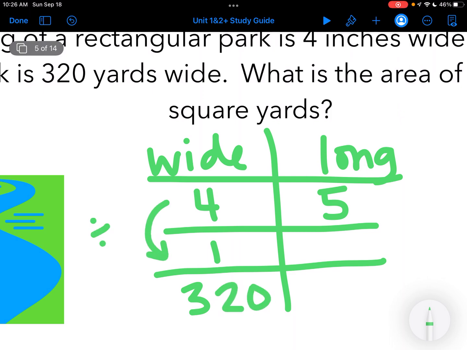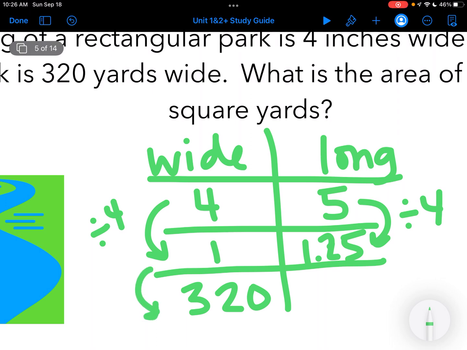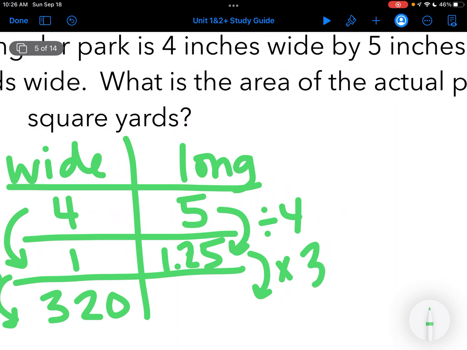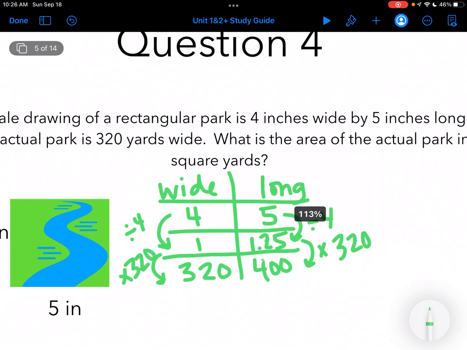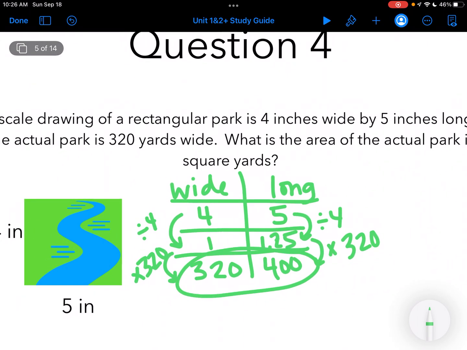So I'm going to divide by 4. So I'm going to do 5 divided by 4 on my calculator. And I get 1.25. And then I'm going to multiply by 320. Times 320. So I get 400.